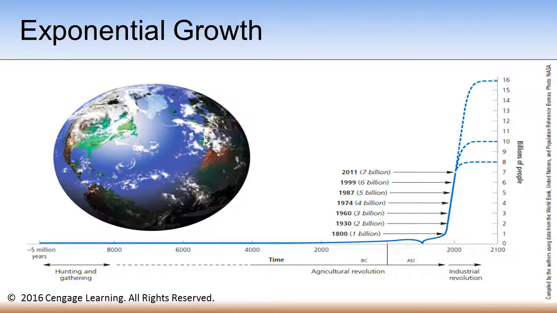But just to call your attention, if you look at the graph where it indicates that in 1800 we had 1 billion people, then 130 years later in 1930 we had 2 billion people. So it took 130 years to double the population. If we look for the next doubled population value of 4 billion, that occurs in 1974, which is less than 44 years later.